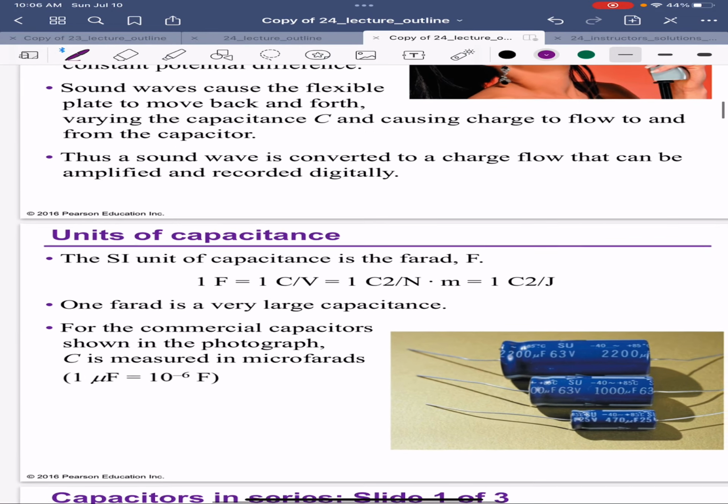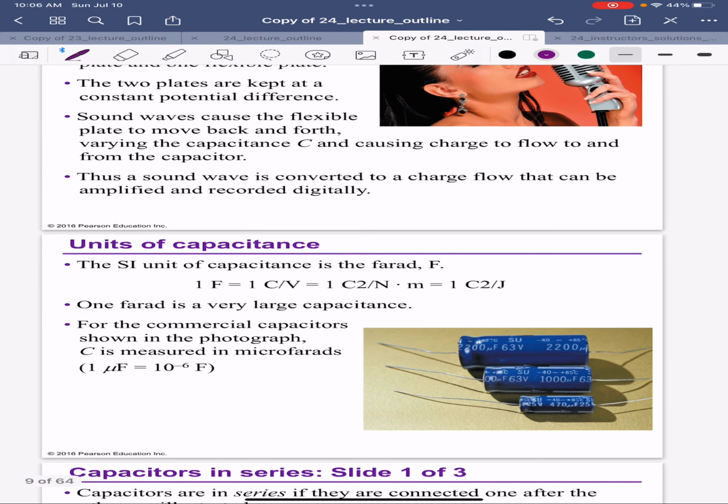Now the SI unit that we are using for capacitance is the farad. We use for it uppercase F, and that equals Coulomb divided by volt, or Coulomb squared divided by Newton meter, or Coulomb squared divided by joules. 1 farad is actually a very large capacitance.